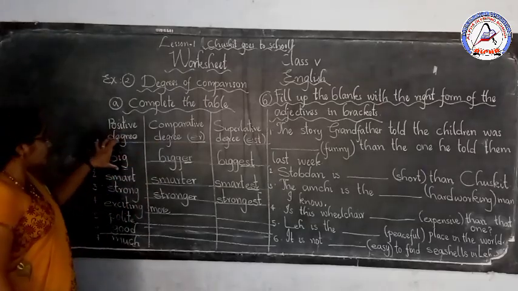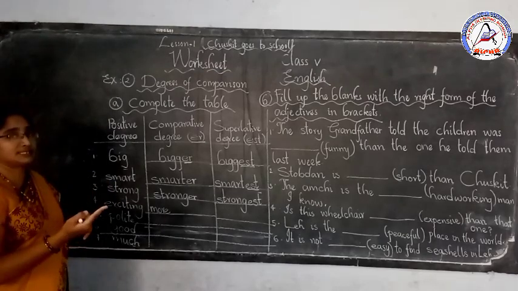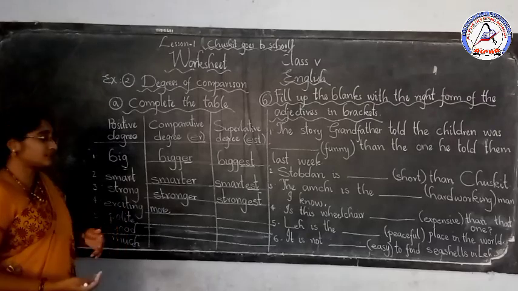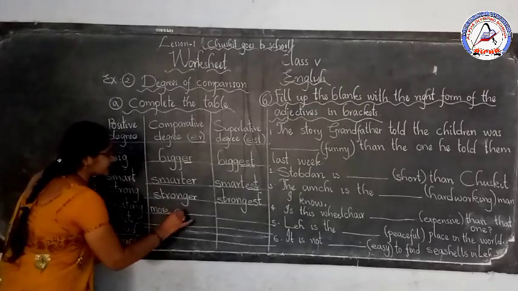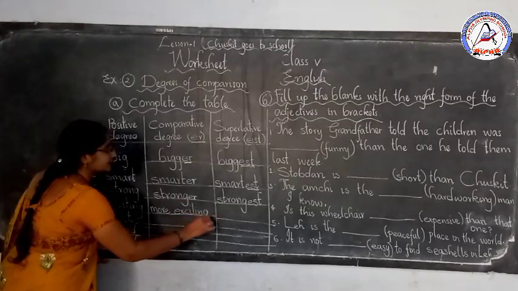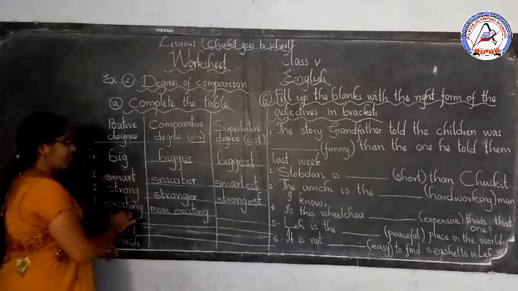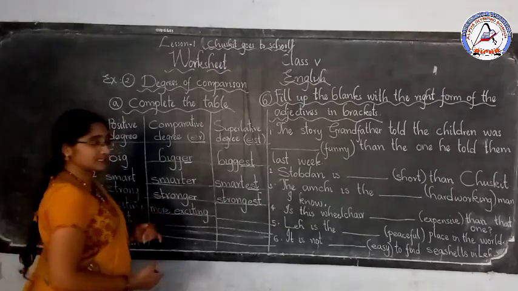ER will be given only to one syllable words, small words. For the words which are big in size and take more syllables, 2 syllables or 3 syllables, you will add more. Exciting will become more exciting when we write it in the comparative form. Then let us see the superlative form. Will you add est?